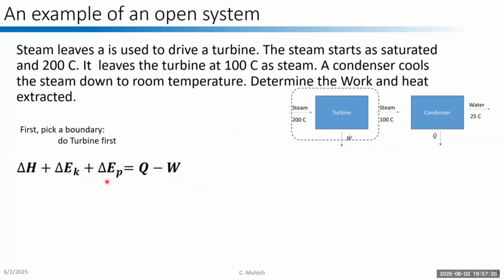I have no change in pressure or in potential energy. I have nothing moving up and down. And in this box, I have no Q. I'm going to assume it's adiabatic. So I've now simplified my energy balance to say that the enthalpy of my steam out minus the enthalpy of my steam in is going to be negative W.